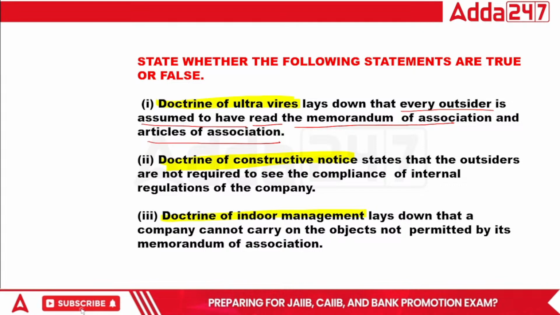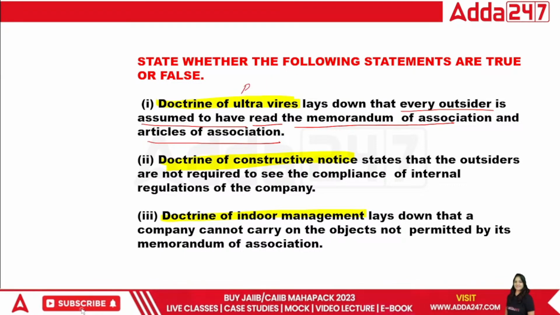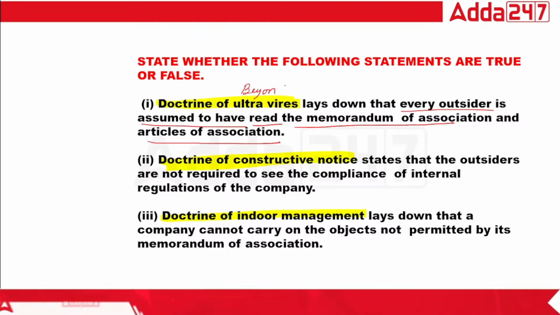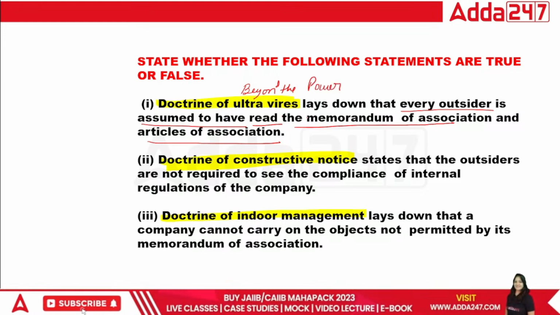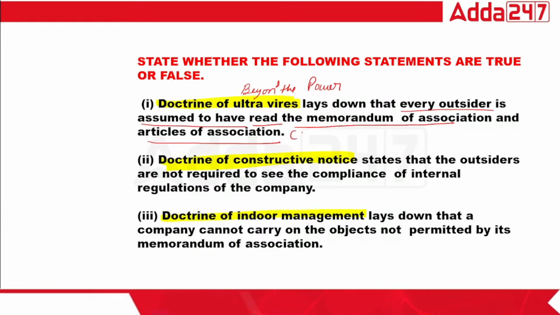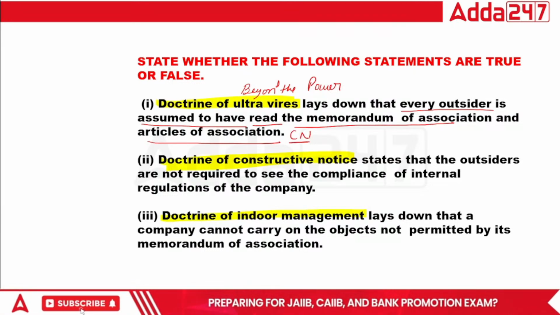The doctrine of ultra vires basically means beyond the power. Beyond the power, that is called ultra vires, right? But this sentence, that every outsider is assumed to have read, is known as constructive notice, because this is the definition of constructive notice.